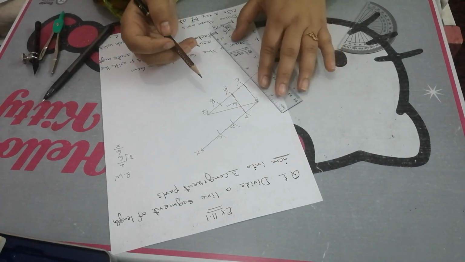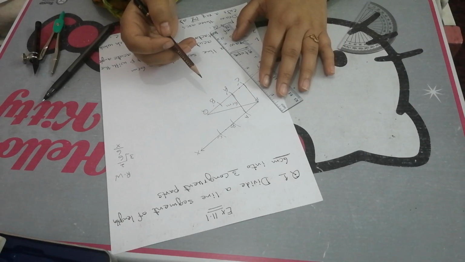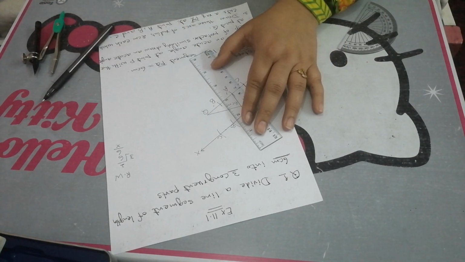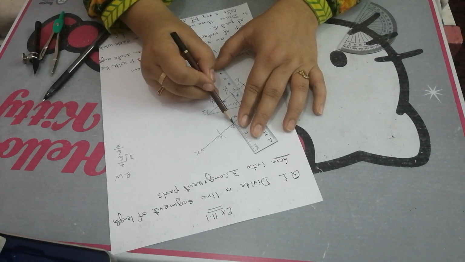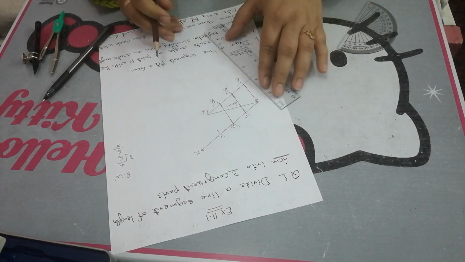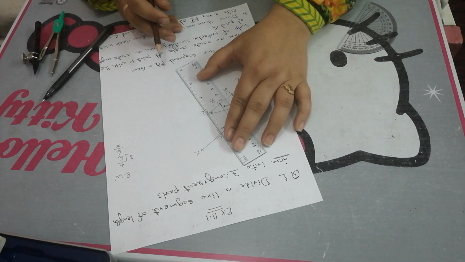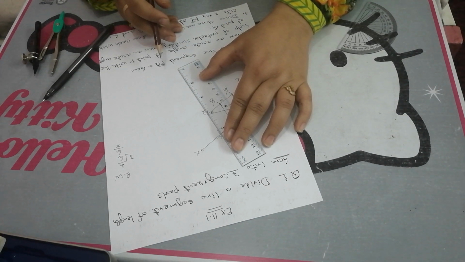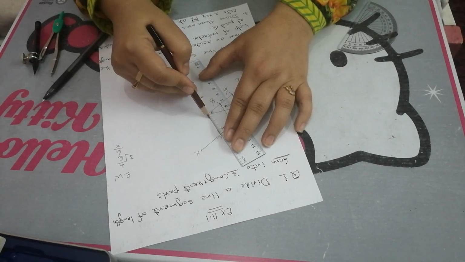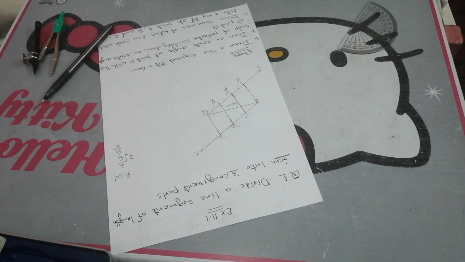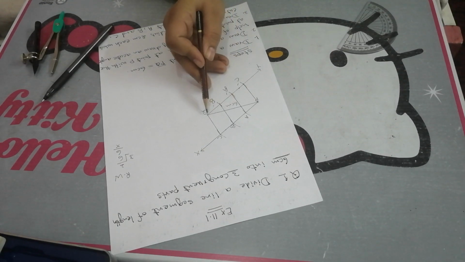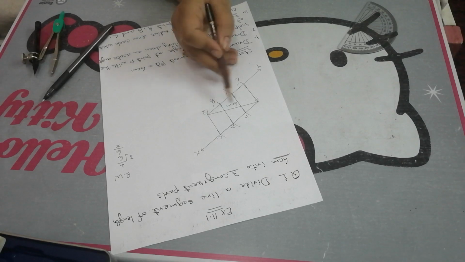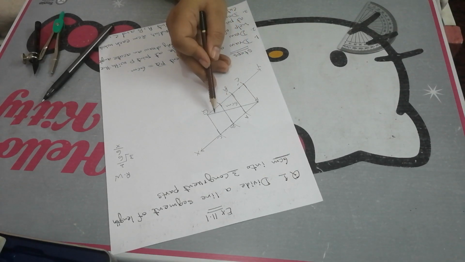A with A bar, B with B bar, and C with point Q, the starting point. Now you can see that this PQ is divided into 3 equal parts. You can even measure it with the help of a ruler. Each part will be 2 centimeter.